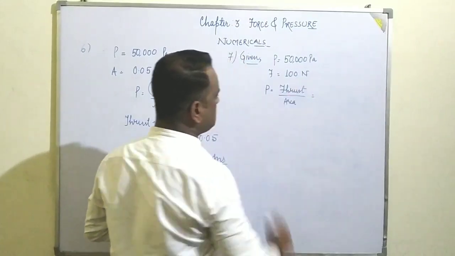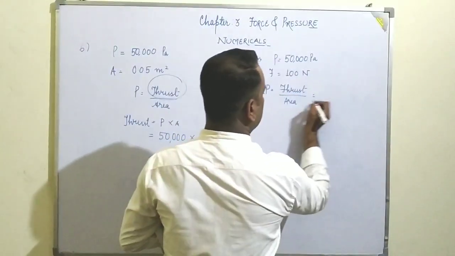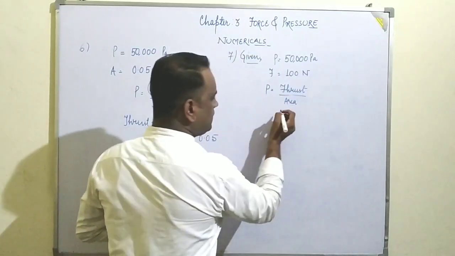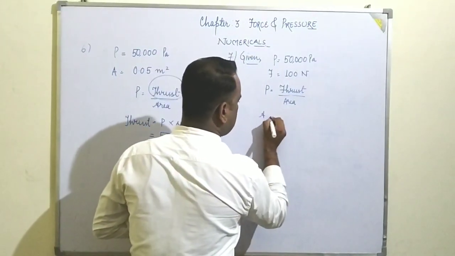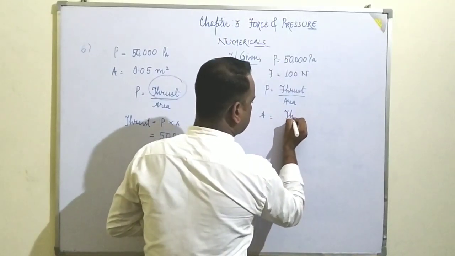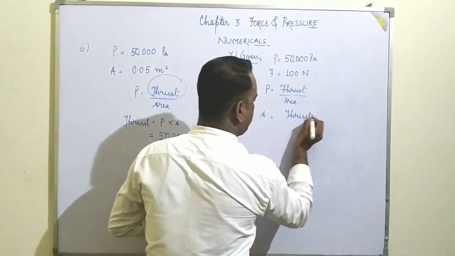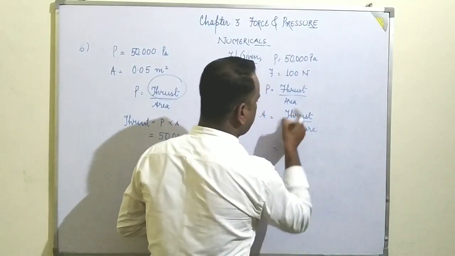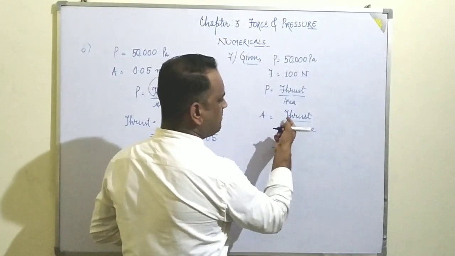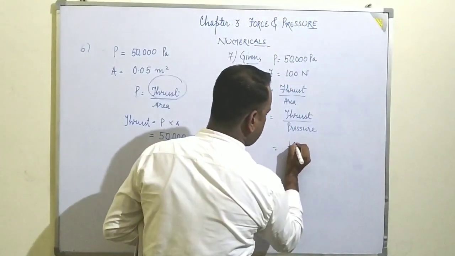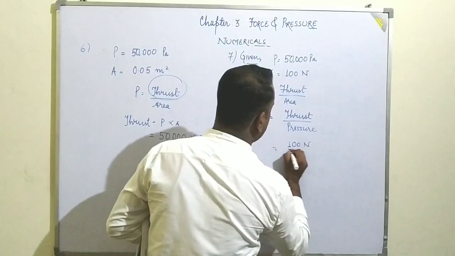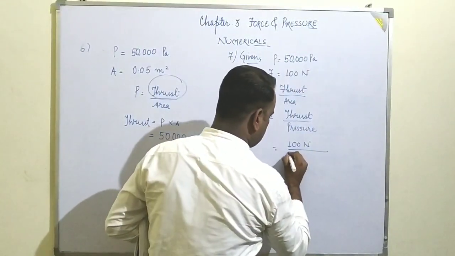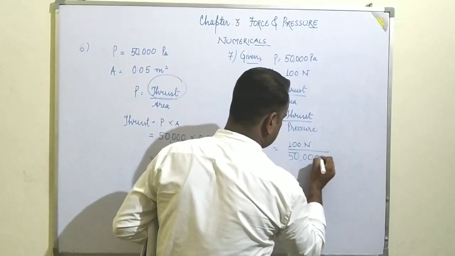We have to calculate area, so the formula becomes area is equal to thrust upon pressure. Thrust is given as 100 Newton, and pressure is given as 50,000 Pascal.